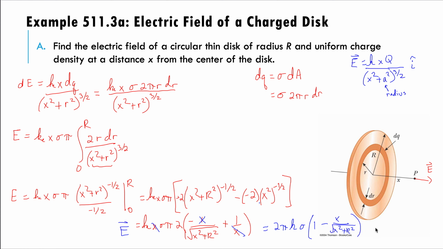And all of that is going to be in the x direction. The reason I wrote the 2 pi ke first here is because we can also rewrite this in terms of the permittivity of free space, and we'll actually do that in the second part of this example.